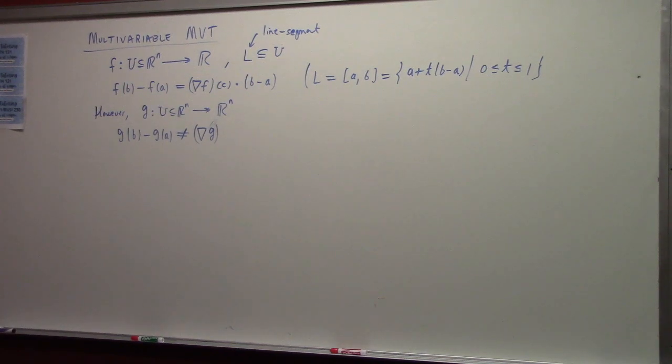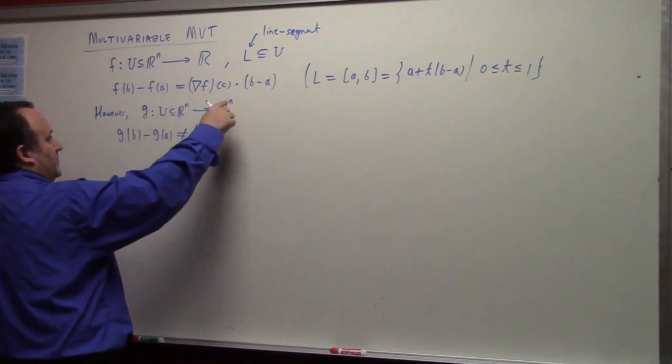I want to look at a mapping from Rn to Rm. Put an M here.